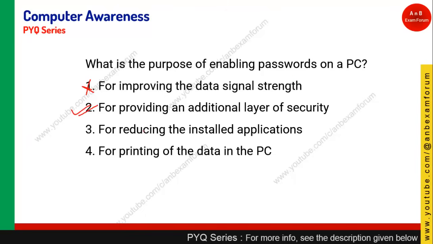For reducing installed applications, a password is not mandatory at all, so this is wrong. For printing the data in the PC, some sorts of passwords are there, but the main purpose of enabling a password is providing security.